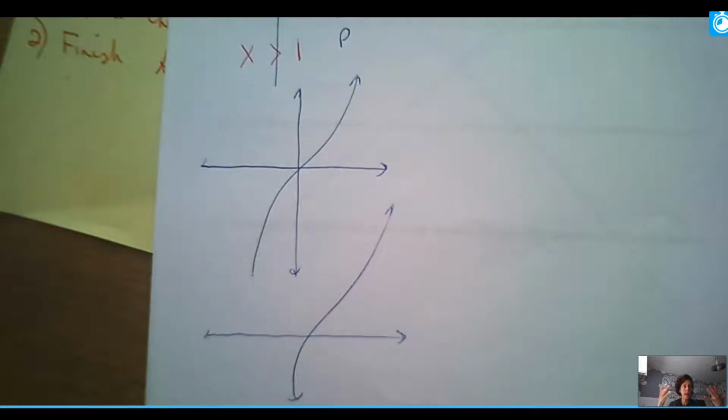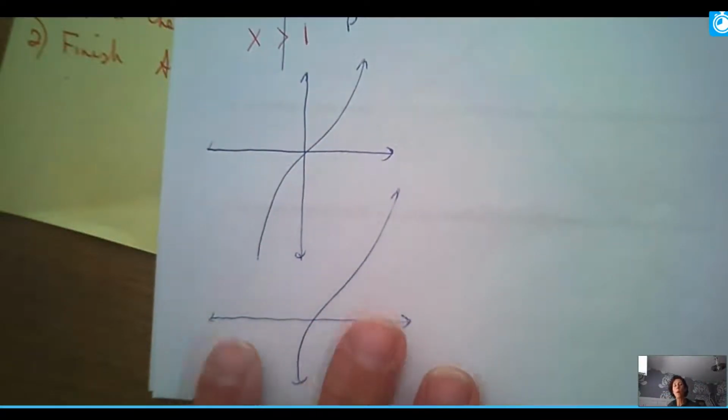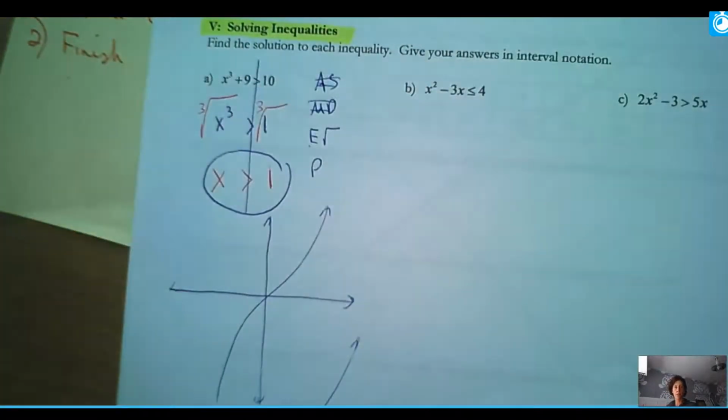I just want to see where the alligator is happy. So when your function is 1 to 1, remember, 1 to 1 passes the vertical line test and it passes the horizontal line test. This is a 1 to 1 function. When it's a 1 to 1 function, you do not need to test your inequality. This is your answer. X is going to be happiest when all of the solutions are bigger than 1.